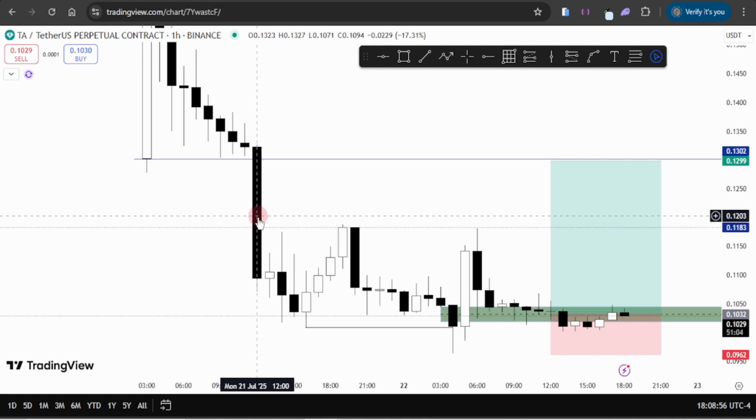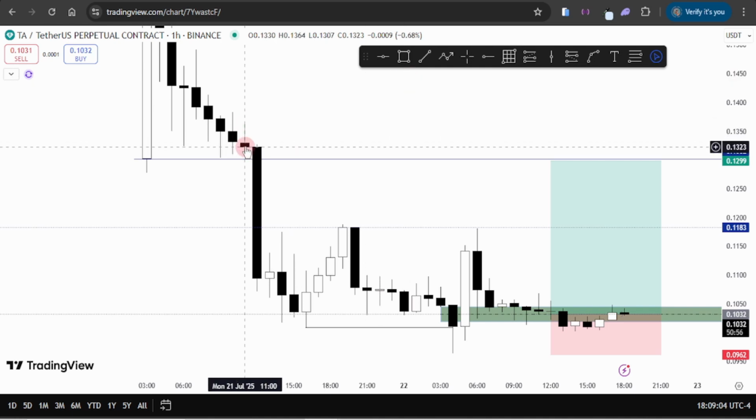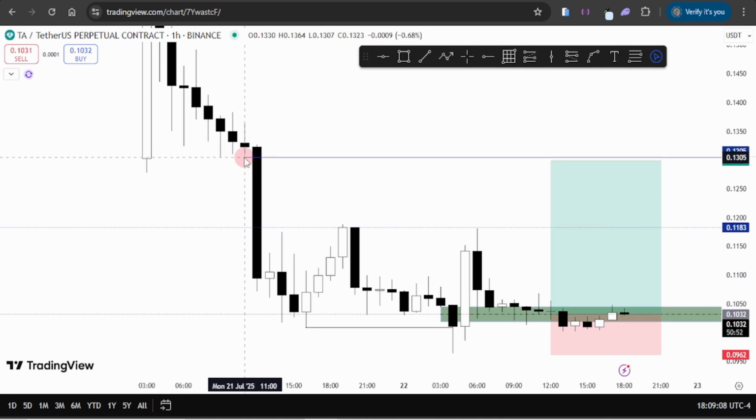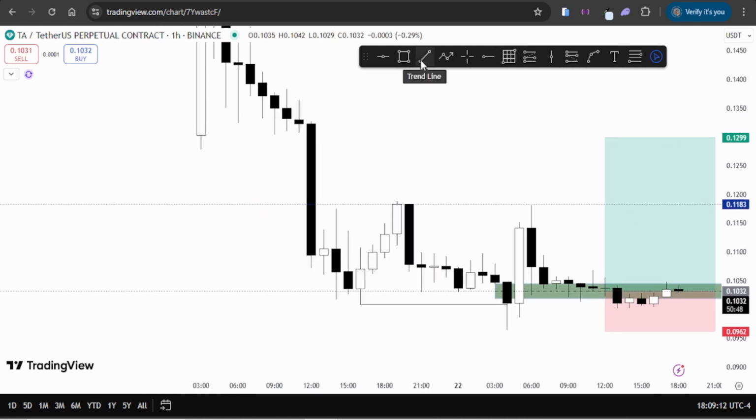This fair value gap right here. So what we have as our fair value gap is the low of this candle. Let me actually use this to mark. No, let me delete this, no confusions yet. So the fair value gap is the low of this candle.